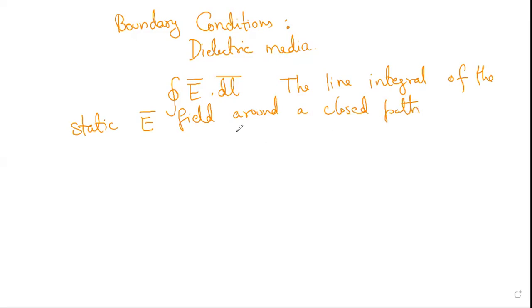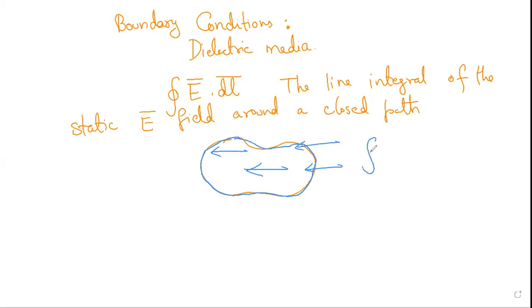Now, can anybody tell me, if I take the line integral around a closed path, and this is the electric field, and I go round taking E dot dl and come back, what will be the closed integral of E dot dl?